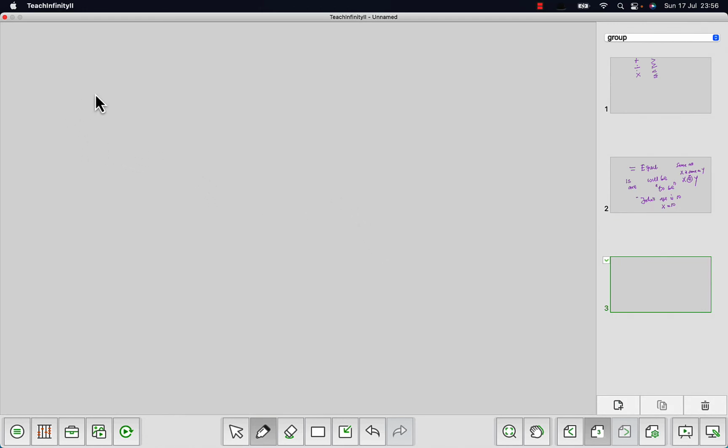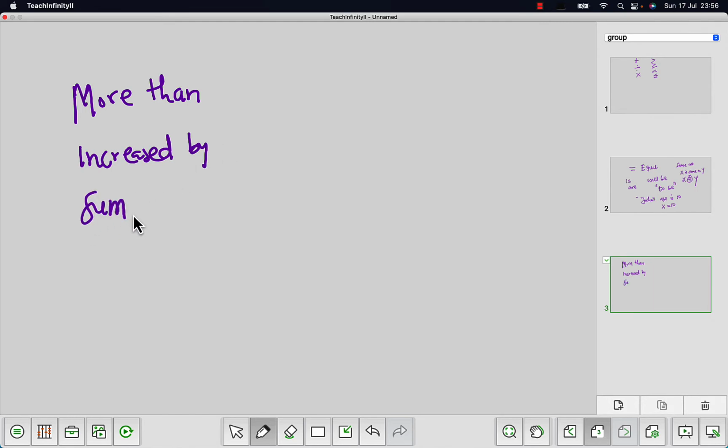Let's look at words like more than, increase by, sum of. Whenever you see such words, it just means you should add.